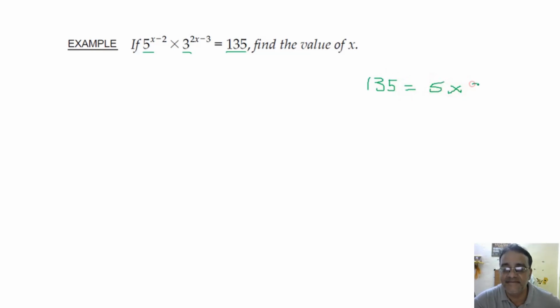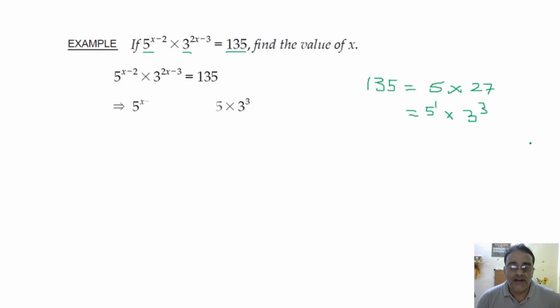Yes, sir. That means we can write 5 to the power 1 into 3 to the power 3. Clear? Okay. So we are going to write 135 in terms of 5 to the power 1 into 3 to the power 3. Now on both sides we will compare the power of 5 and compare the power of 3.